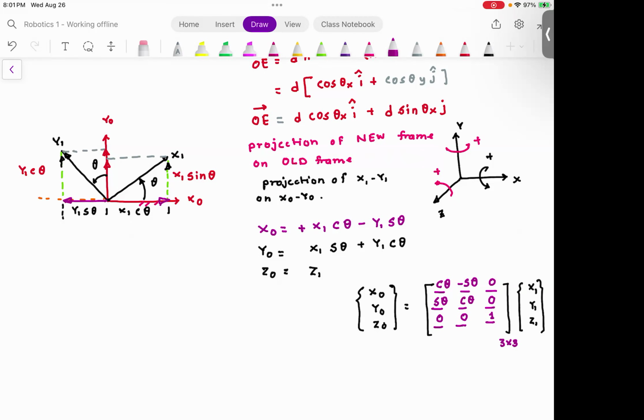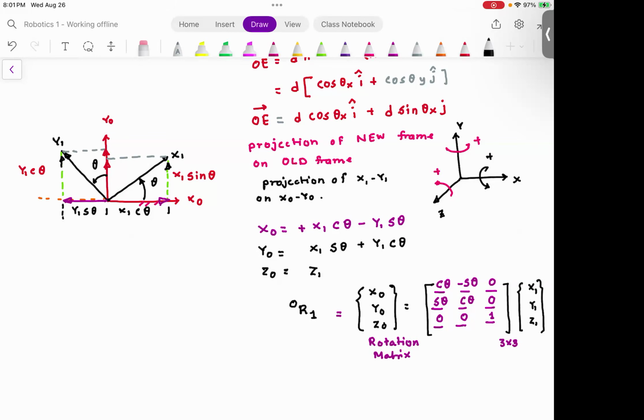Remember this matrix. This matrix is called the rotation matrix about Z. It is called the rotation matrix. And this rotation matrix is between 0 and 1. So if you write this rotation matrix, it is called R01.